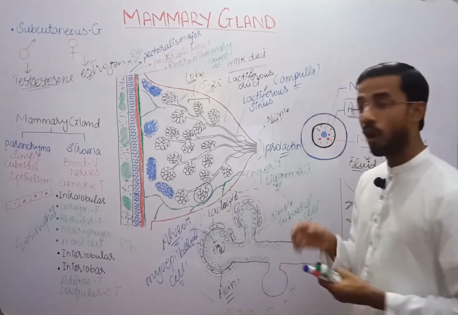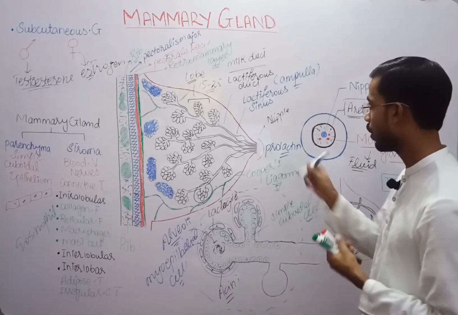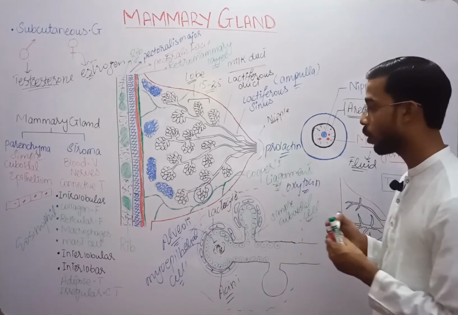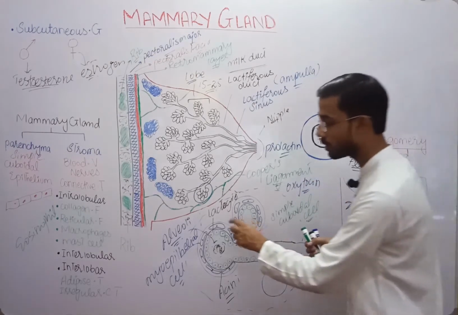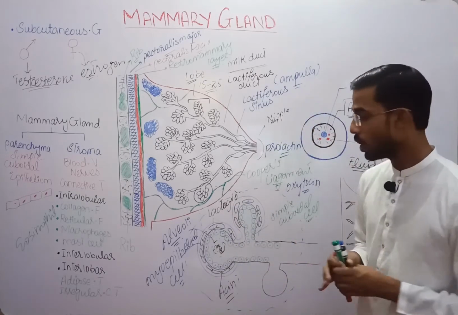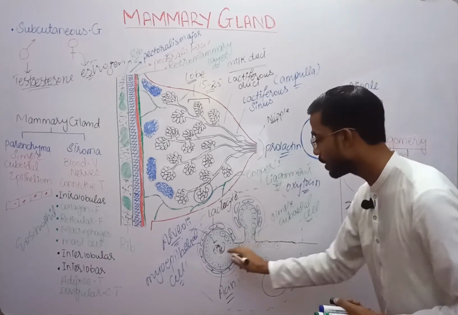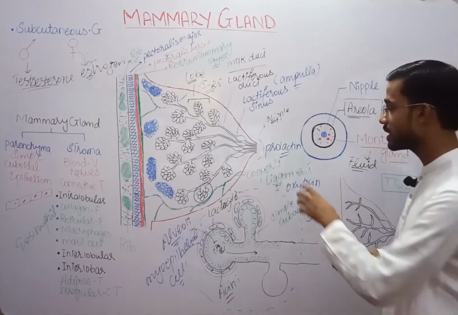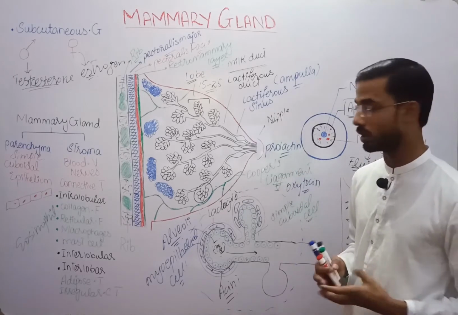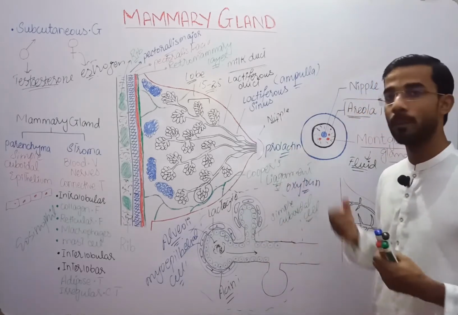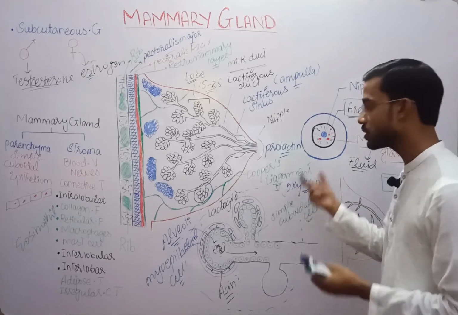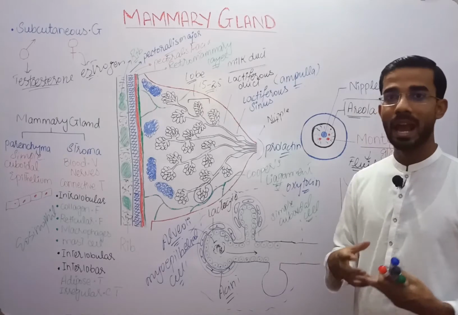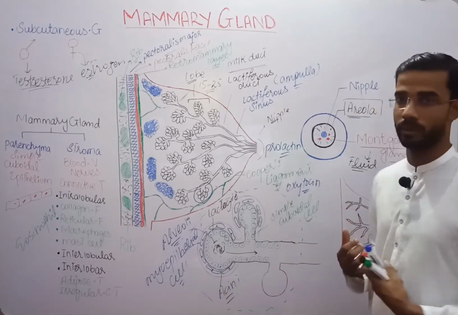And oxytocin is a hormone which helps in the contraction of the myoepithelial cells, and this milk will move towards the lactiferous duct. So here are the different functions of the hormones. Milk is produced with the help of prolactin, and oxytocin helps in the contraction of the alveoli and moves the milk outward.